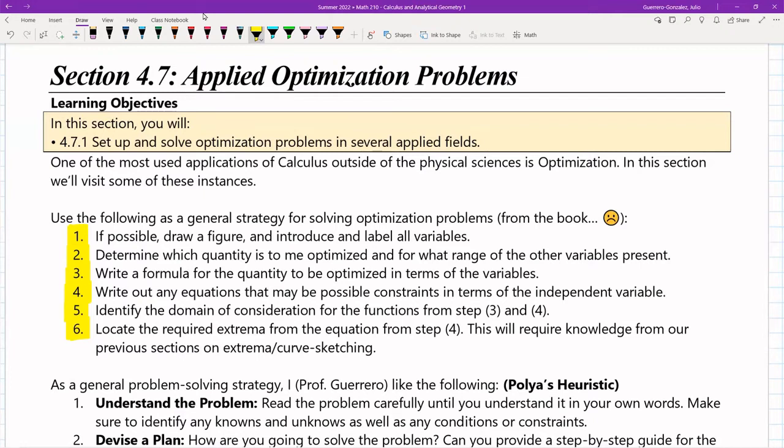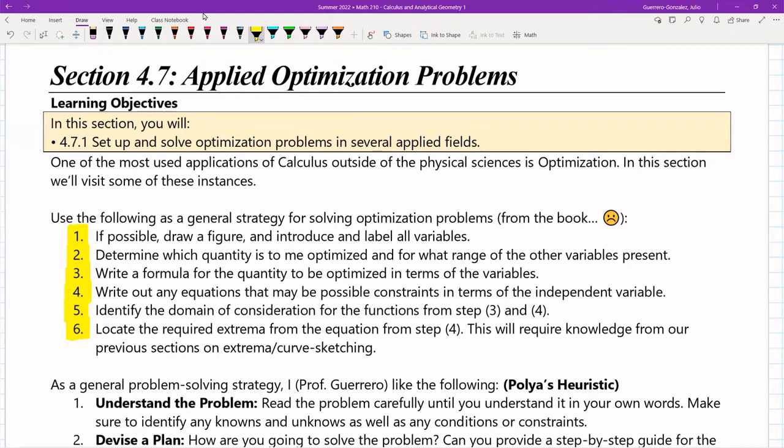Like I mentioned, this is the problem solving strategy from the textbook. It's cool and all, but the way that this is worded and presented, it's only really good for section 4.7.